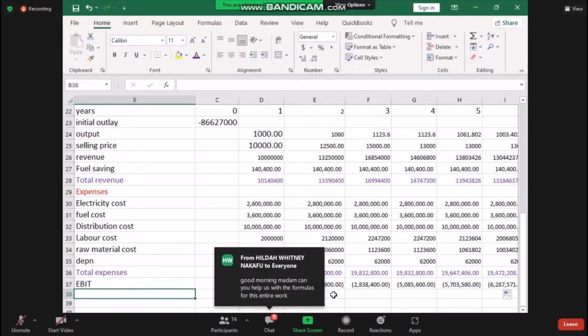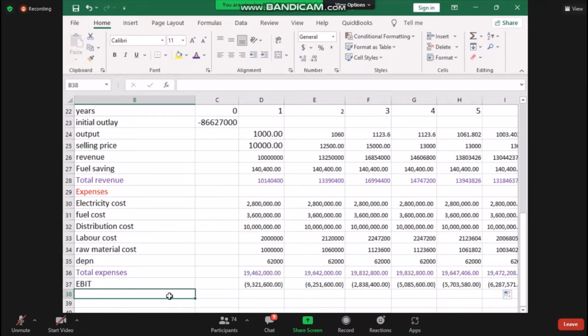So this loan, this amount, they didn't specify. Therefore, we are assuming that they didn't use a loan. But if they tell you that they used the loan, then that means that you need a loan amortization schedule to determine the interest that you put here. So here we'll say less interest, and you put that amount.